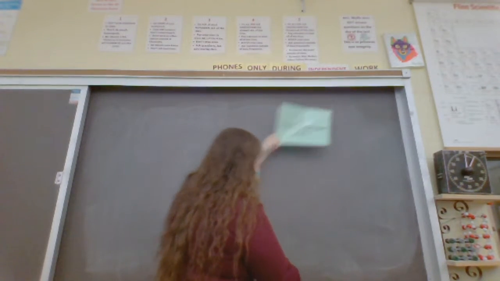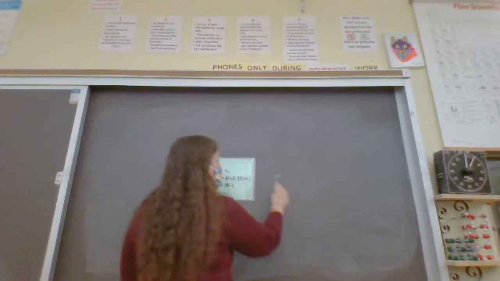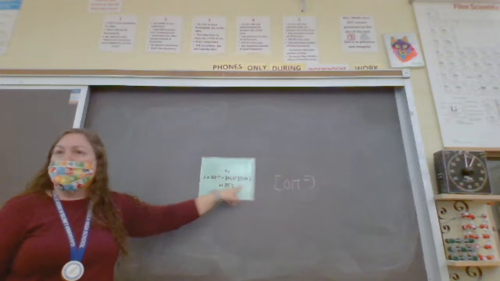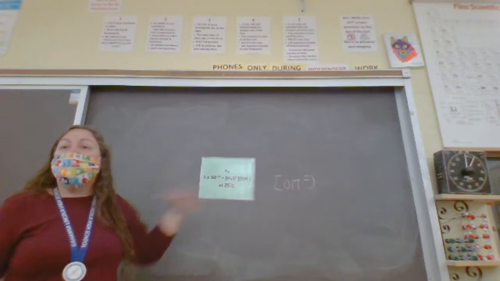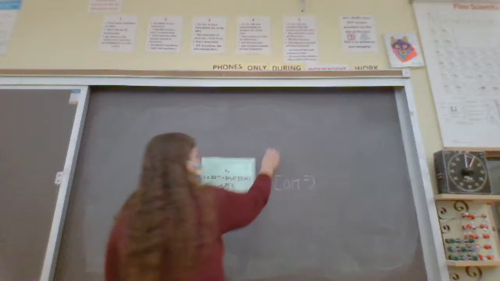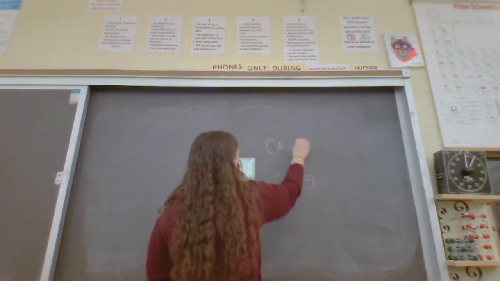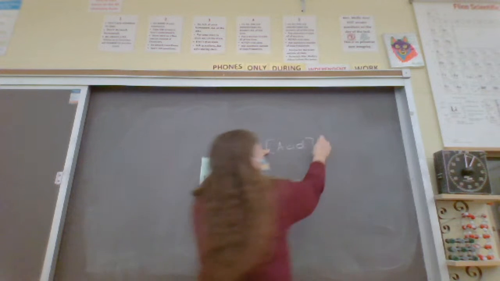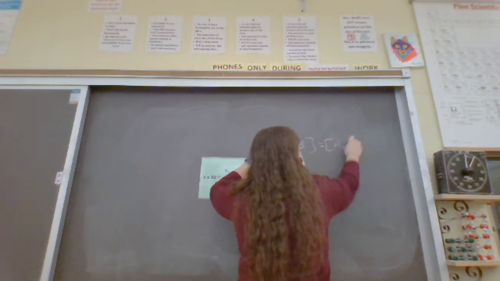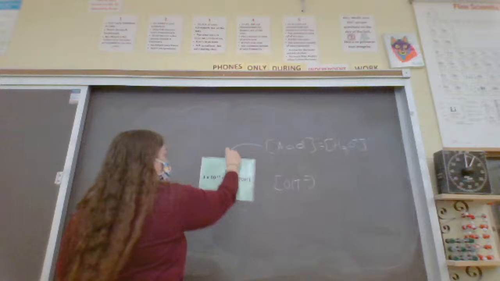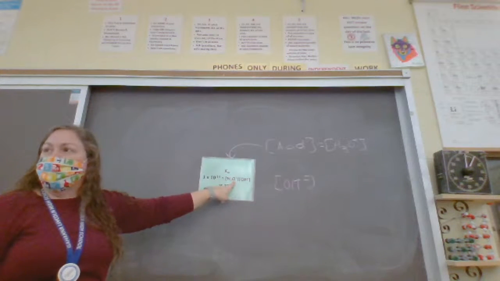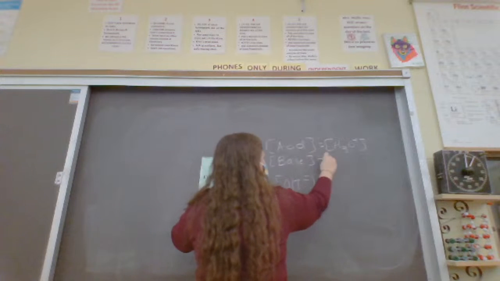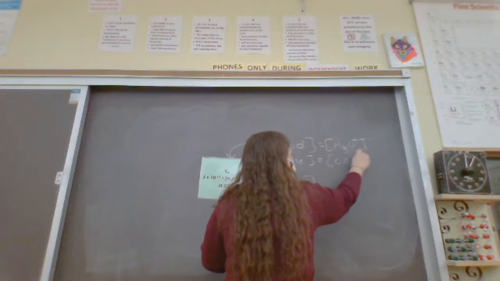Well, we have this equation. If I know the hydroxide concentration, I can just plug that in. I can solve for the hydronium. So what the problem is going to give you is a concentration of an acid. And if they give you the concentration of the acid, that's going to be equal to hydronium. So you can literally just plug that in for hydronium. If they give you the concentration of the base, well, that'll be equal to the hydroxide.